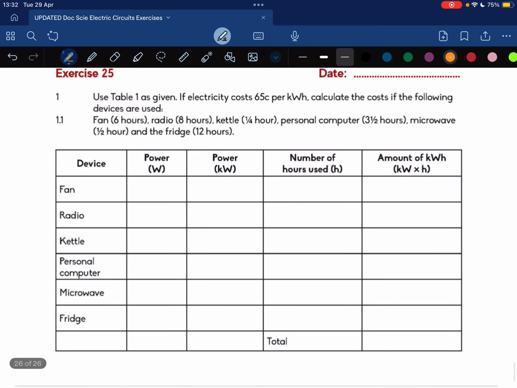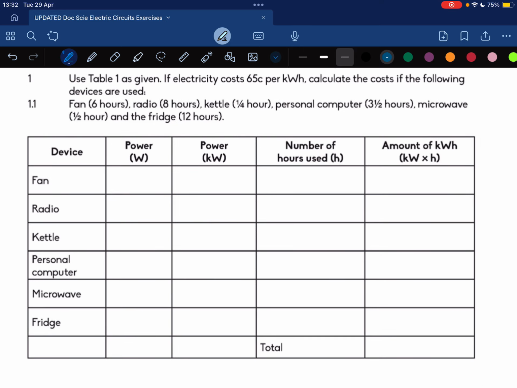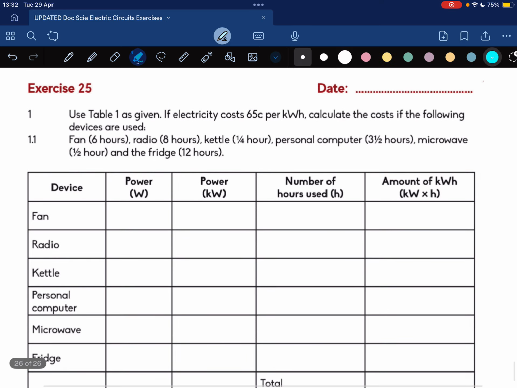Okay, so exercise 25 now talks about answering a table. It says use table 1 if electricity cost is 65 cents per kilowatt hour.